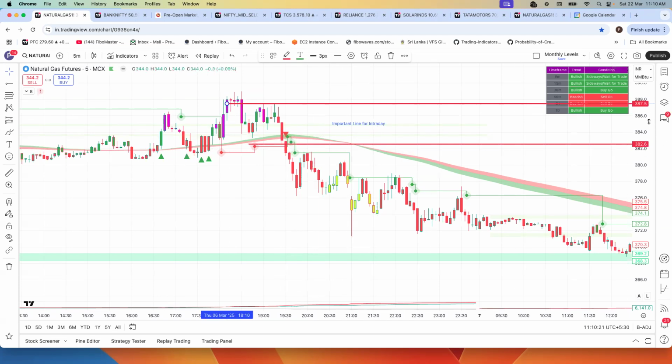It's a big stop, right? It's a big stop because green is on the top and red is falling. So I have to take a big risk for a beautiful trade.